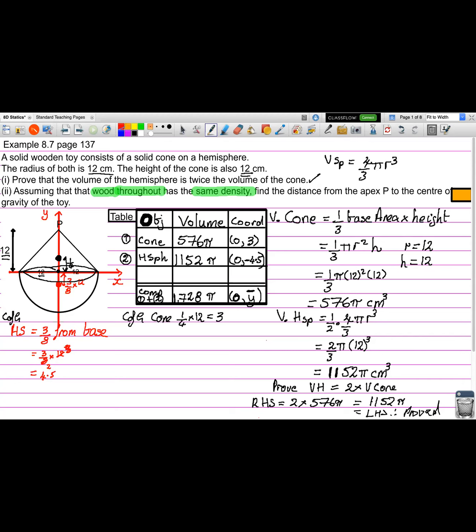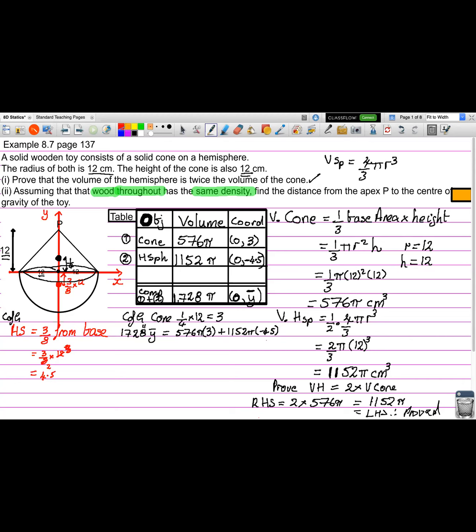So same as before, we've now got 1728 y bar is equal to 576 pi on 3 plus 1152 pi on minus 4.5.